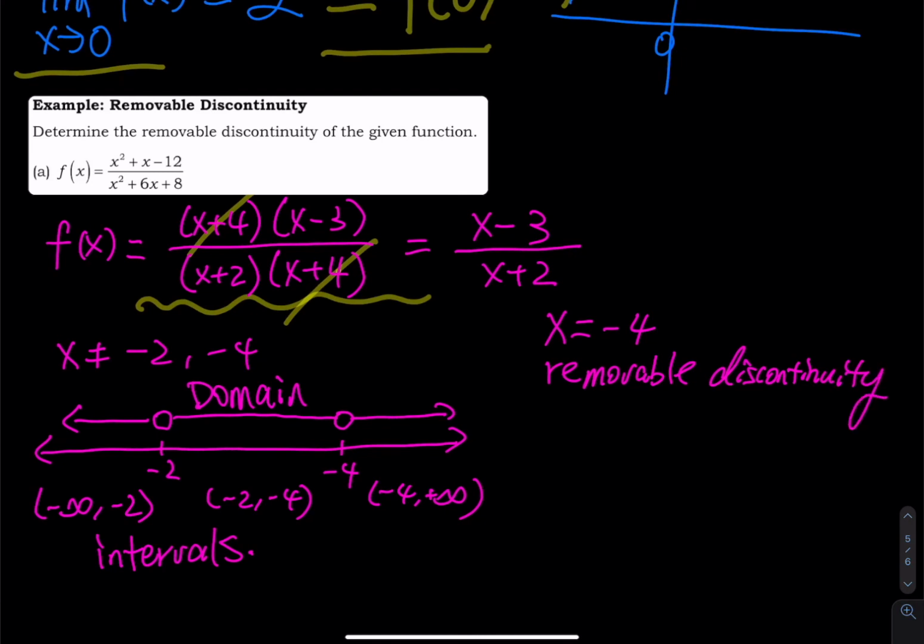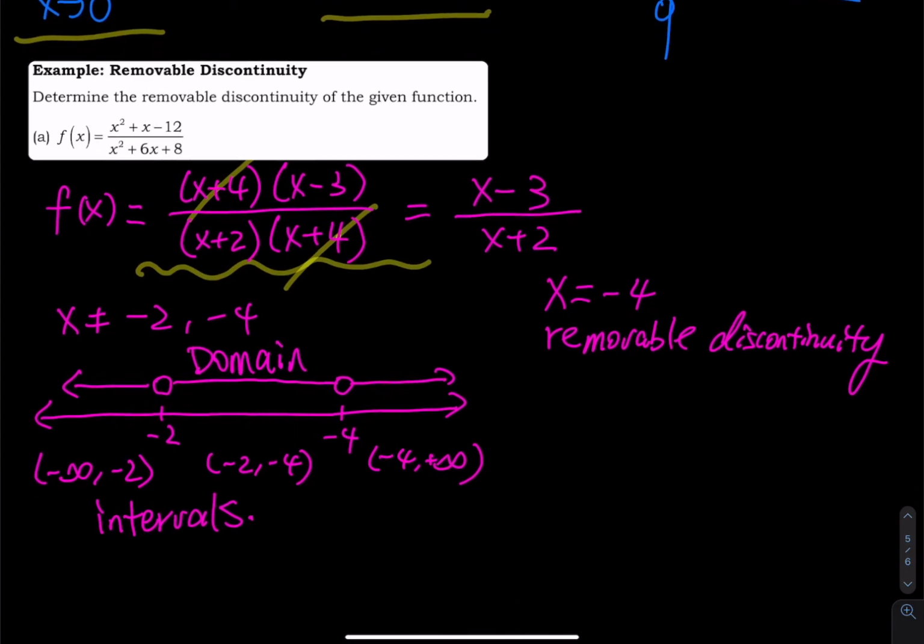How come I don't say x equals +4? Because with x plus 4, when you plug in -4, that creates a 0 in the denominator. So we call that a removable discontinuity. What about x equals -2? It's a non-removable discontinuity.